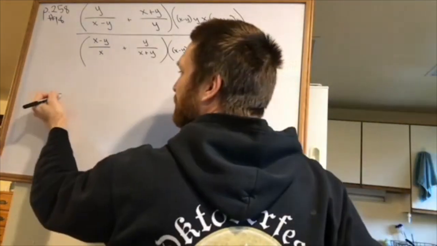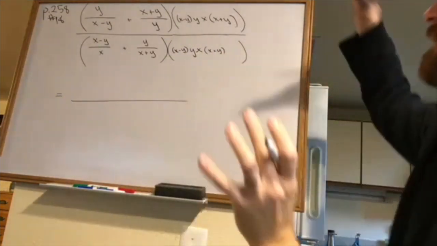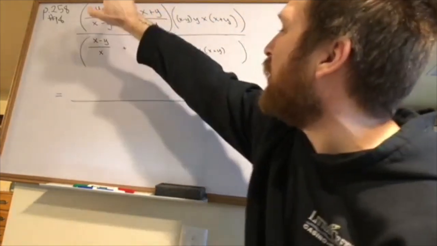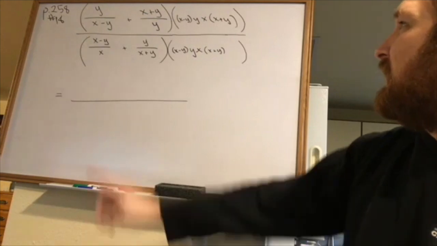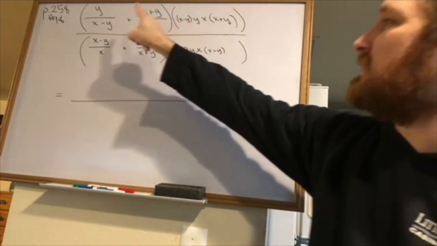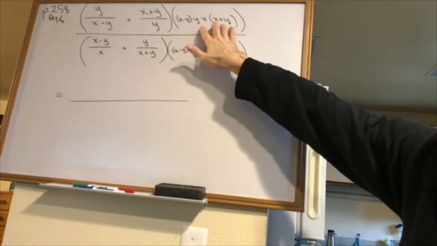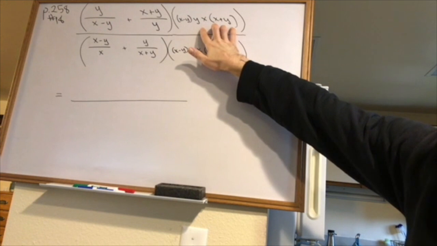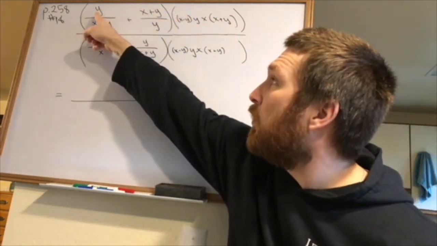On the top, I'm just going to imagine that all of these things jumped over, and I'm going to get one thing that cancels. You get y. That one kills that one, and I'm left with this, which gets multiplied by y.